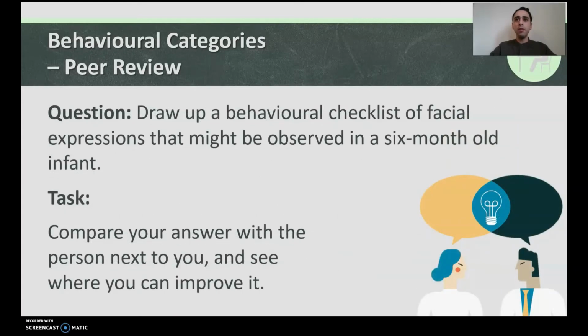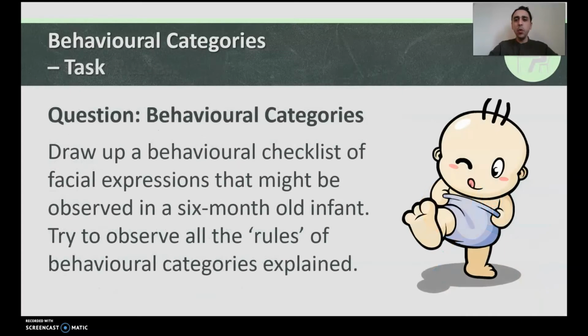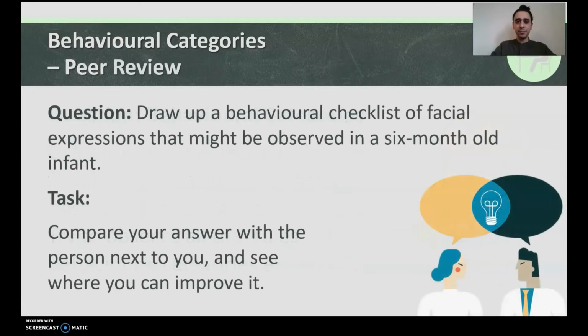So I want you to come up with your behavioral list of all the different facial expressions that you might see in a 6-month-old infant, okay? And then you'll tally them up once you saw them. But I just want you to create that table. Pause the video now and give that a go. Otherwise, let's look at the answers.